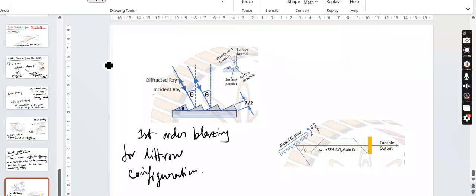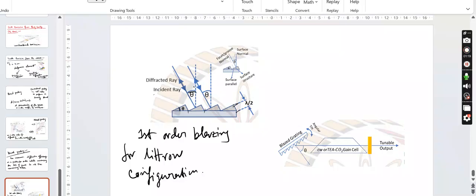If this is lambda by 2, then the path difference of the two rays diffracted from the adjacent structure is lambda by 2 plus lambda by 2, which is lambda. This is alpha, which is theta, and the diffraction angle is also theta. And the angle of gratings are theta.